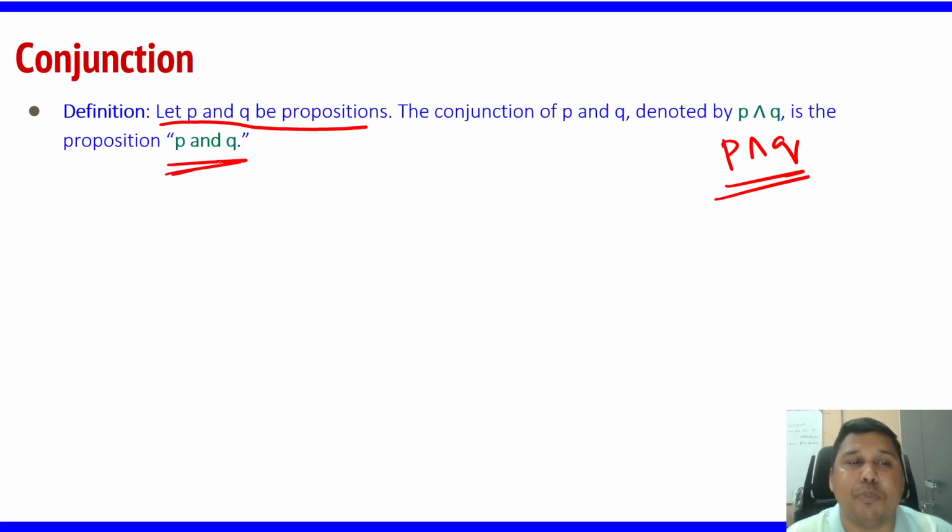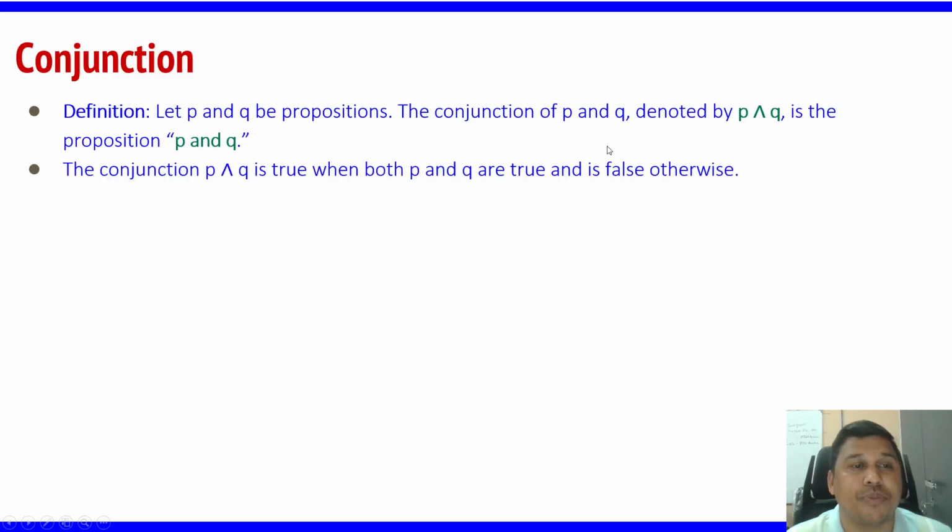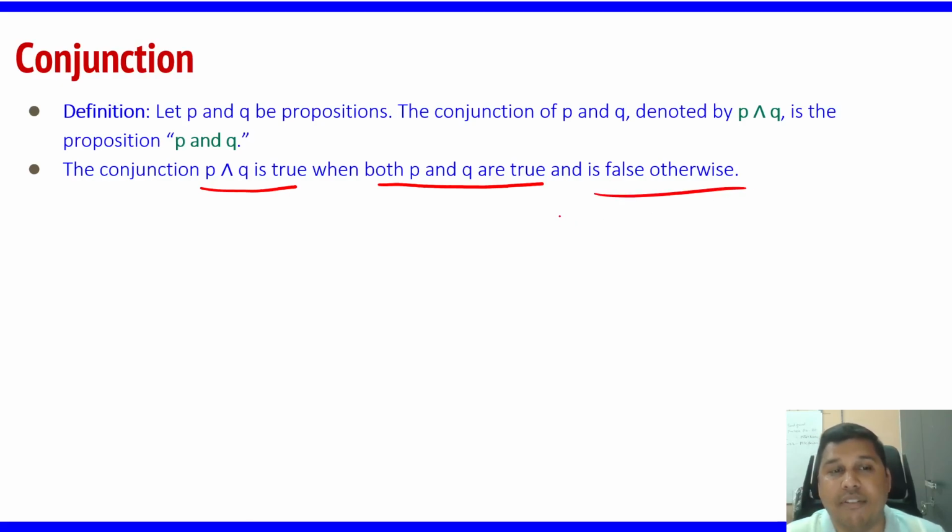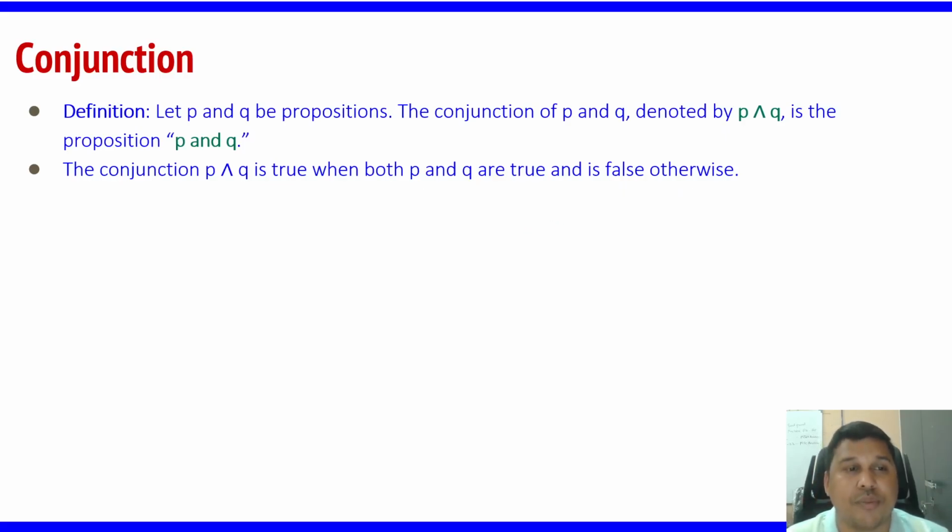We call it P and Q. So what is the point here? P and Q is true when both P and Q are true. In all the other cases, it is false. Only when P and Q are true, the final result is true. Otherwise, all the remaining are false.